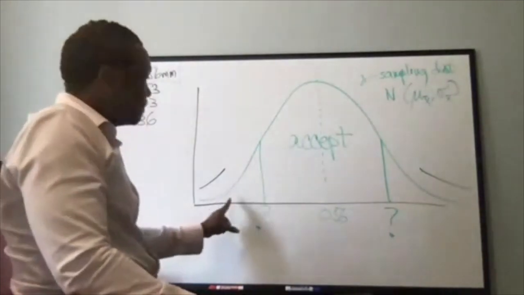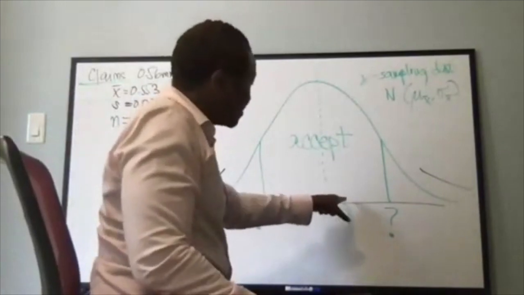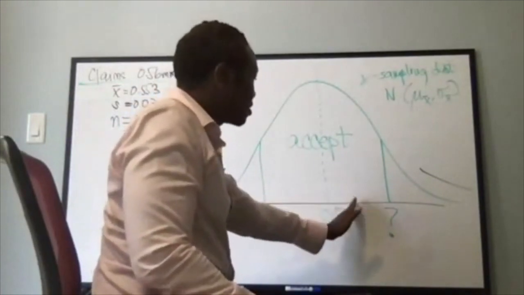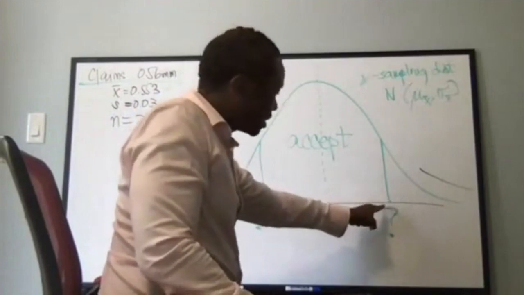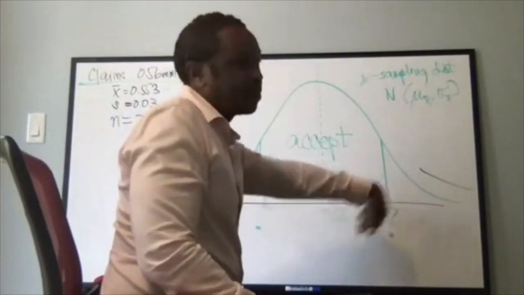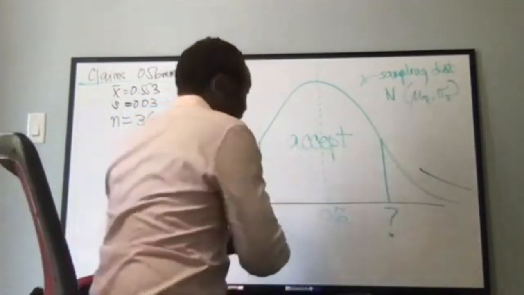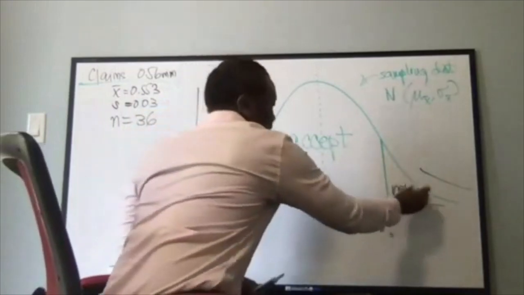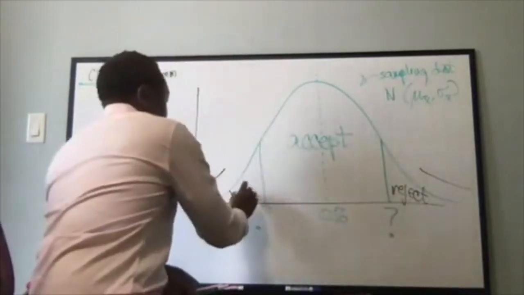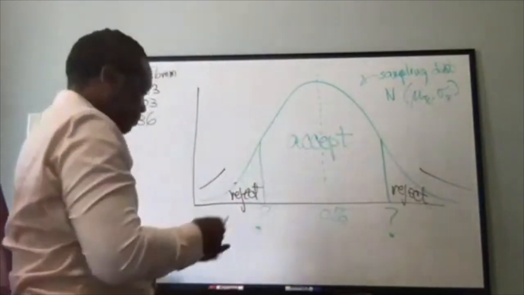See that? On this side, 0.561, 0.562, 0.563, keep the chalk, keep the chalk, keep the chalk. But as soon as it goes beyond this value right here, I'm going to send the chalk back. So I'm going to call this the rejection region. Reject, reject.